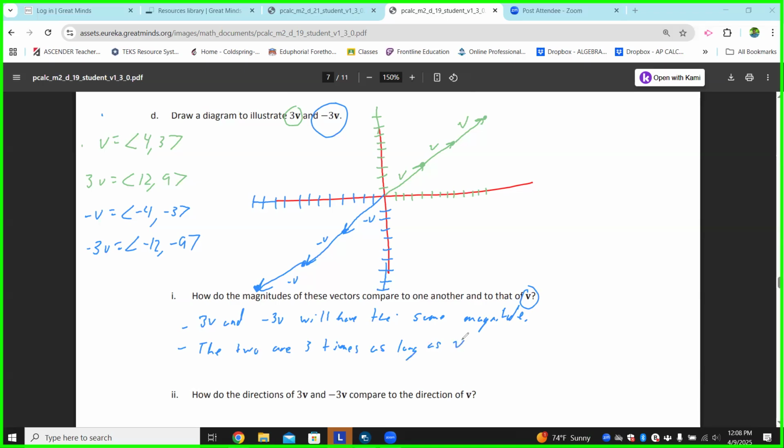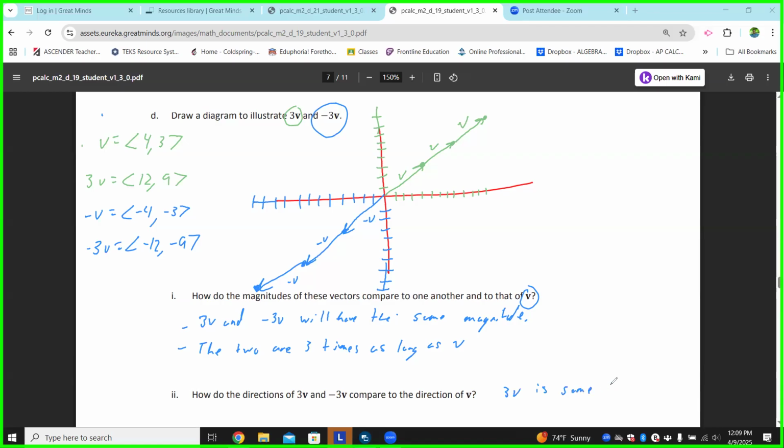Very good. All right, then part 2 says, how do the directions of 3V and the opposite of 3V compare to the direction of V? Let's take 3V. Compare 3V with the direction of V. Is there any difference? Good. It's the same direction.